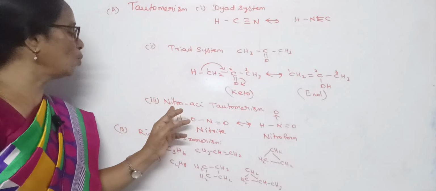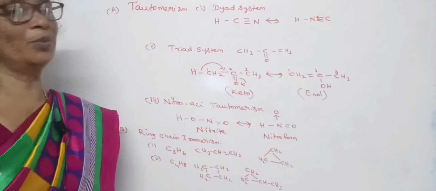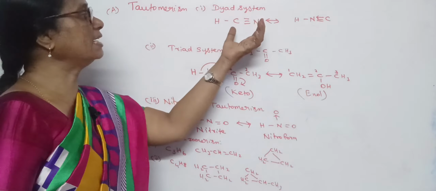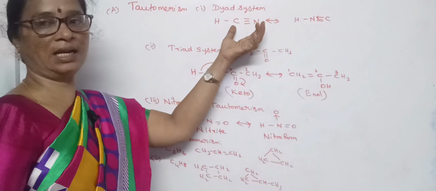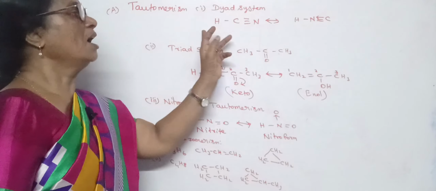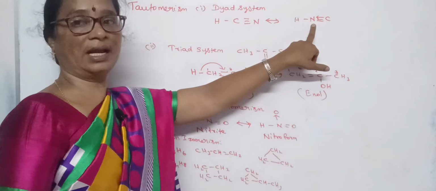Besides that, we have one more form of tautomerism, called nitro-acid tautomerism. So what is the dyad system? See, in this dyad system you have the cyanide group, in which the carbon is attached to hydrogen. But in the other case, you may find the hydrogen attached to nitrogen.